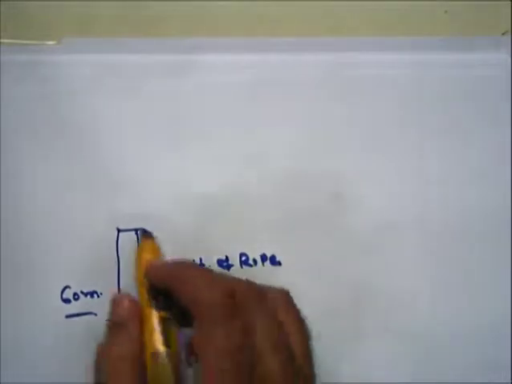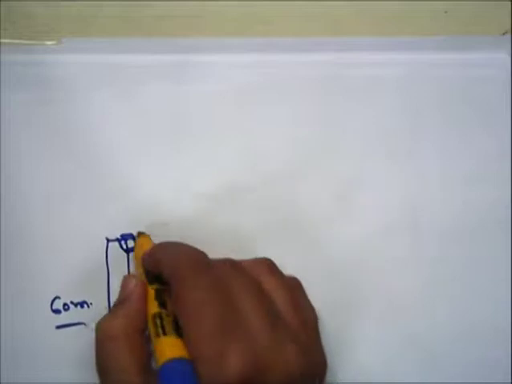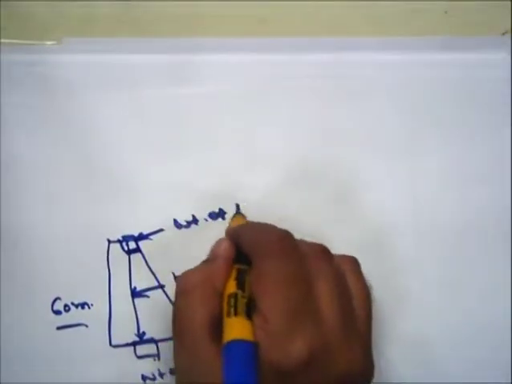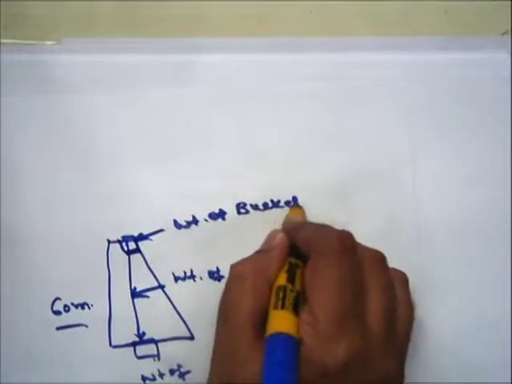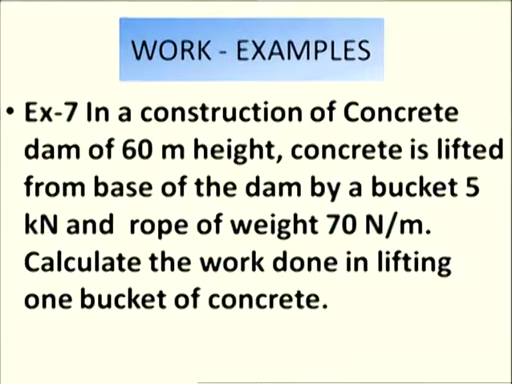But at the top of the dam it will be only the weight of bucket. So it is the case of again variable force. So how to calculate?